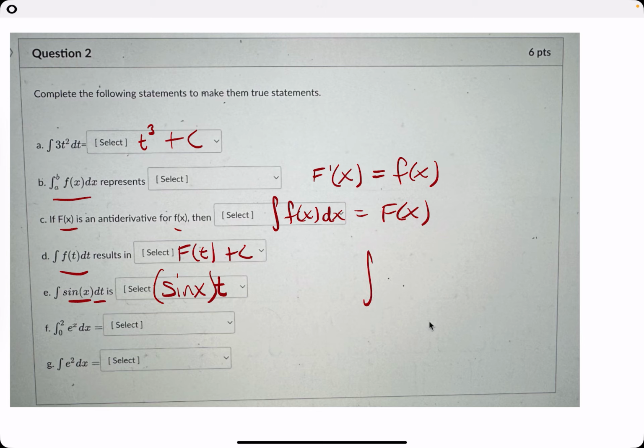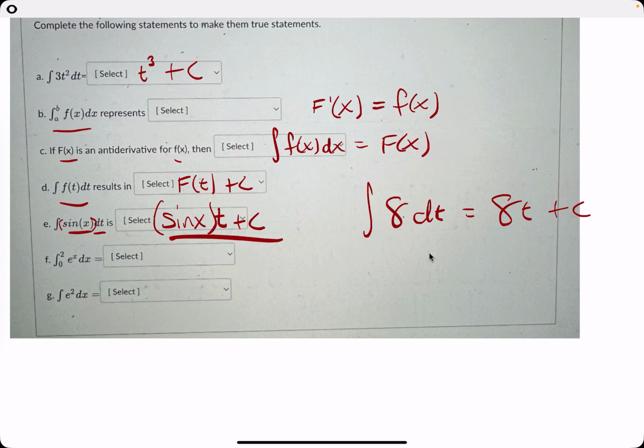Think about it as if the integral was like 8 dt. 8 is a constant, so the integral would be 8t, and then I guess plus c. And so in this case, sine of x is like the 8. It's just a constant because it's in terms of x, but you're integrating with respect to t. So I'm thinking it might actually be sine of x times t plus c, which is crazy.